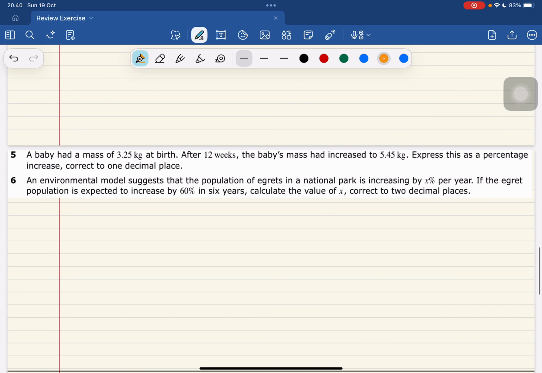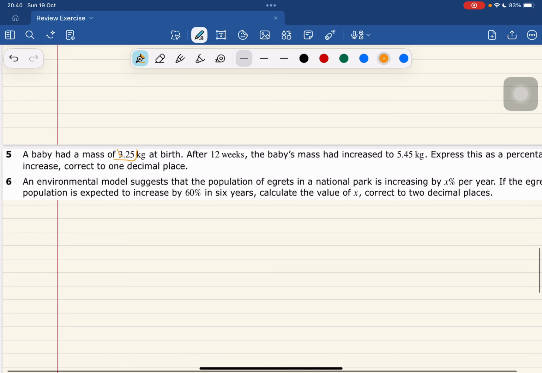Okay, number 5. A baby had a mass of 3.25 at birth. After 12 weeks, the baby's mass is 5.45. Okay, the increase.